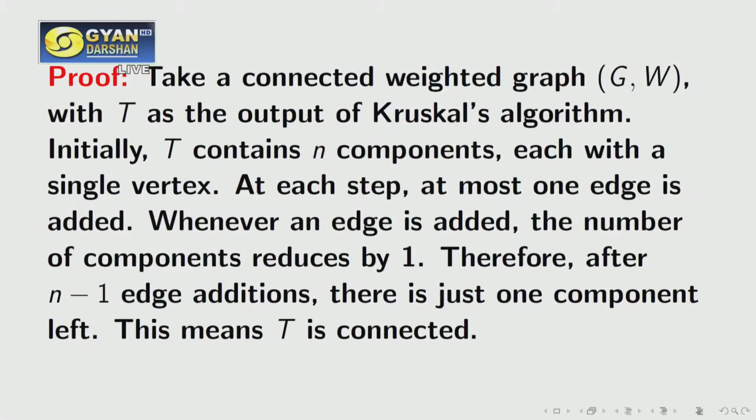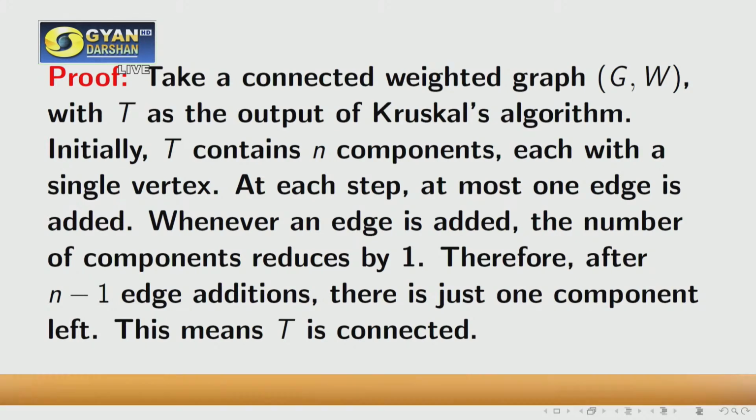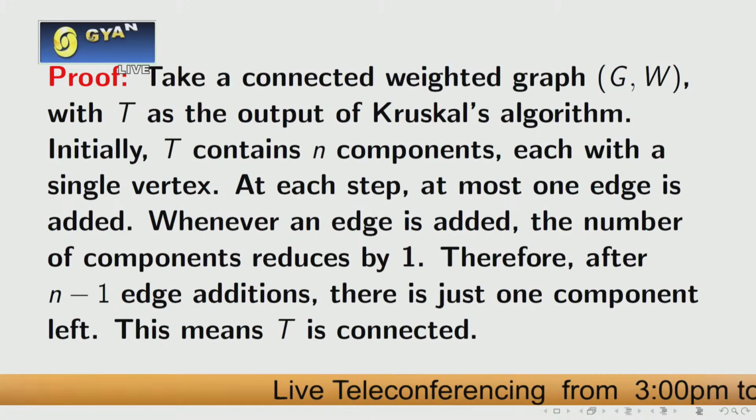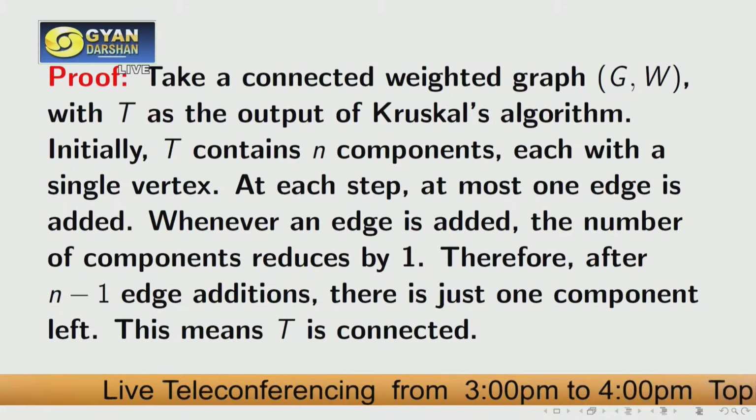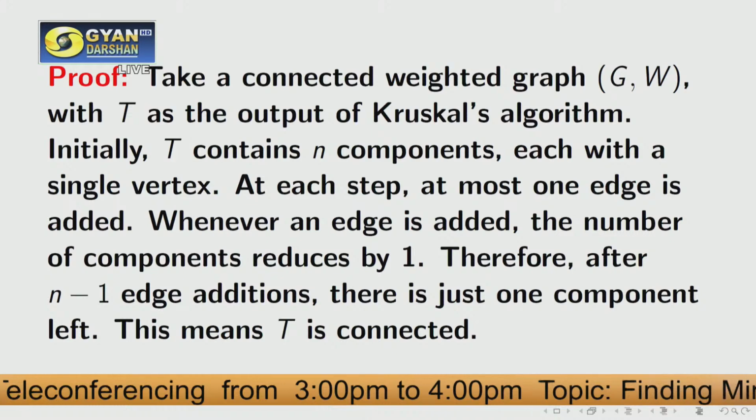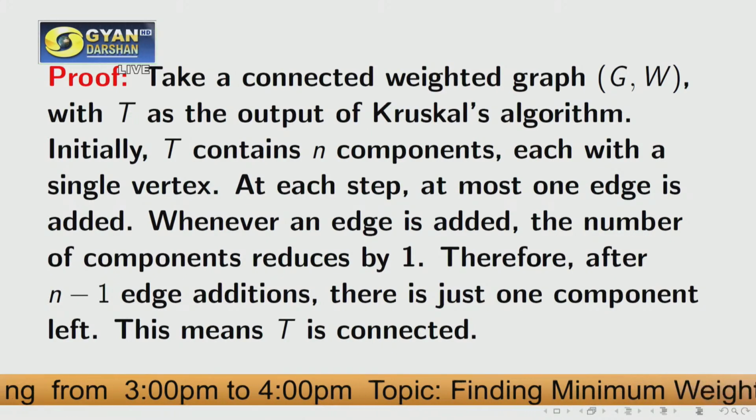So take a connected weighted graph G, W with T as output of the Kruskal's algorithm. So initially T contains just n components, and each component contains a single vertex. That is, T is actually a forest in the beginning, and at each step at most one edge is added. Now what happens at each step?